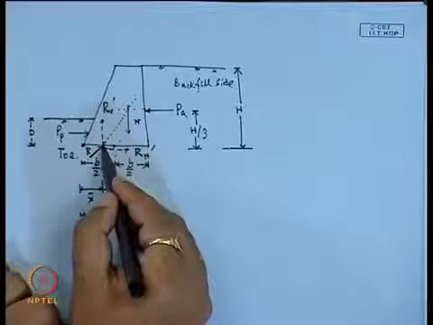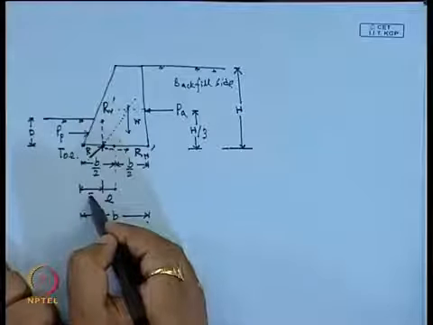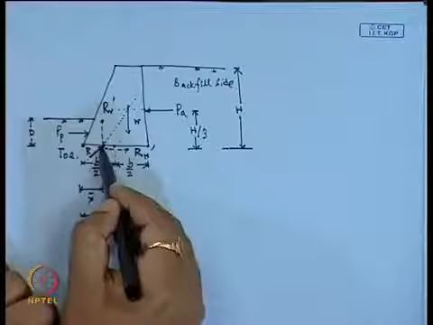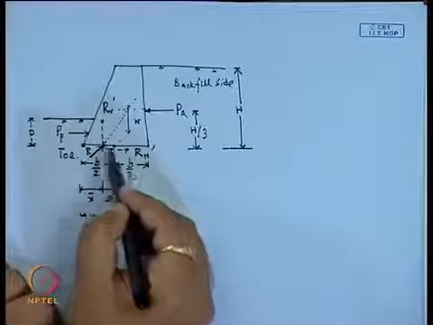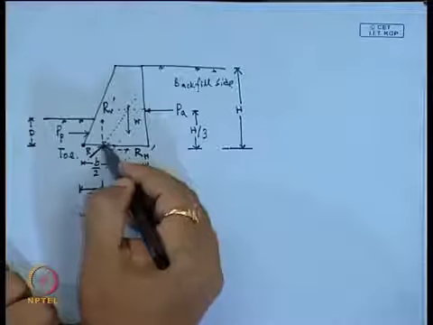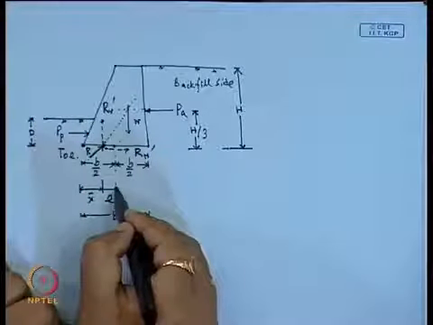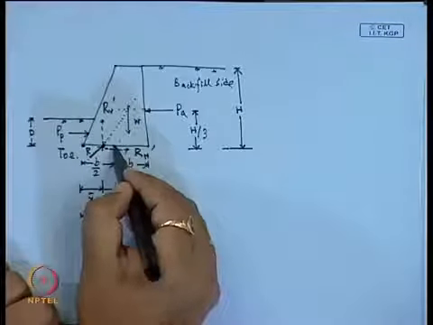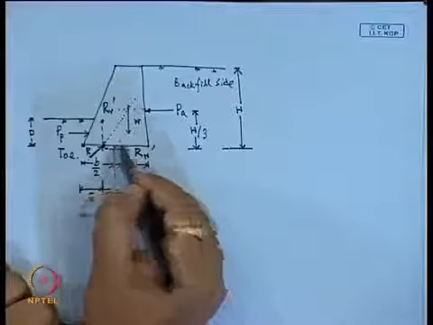Now, say R is acting at a distance of x bar from the toe of the retaining wall, and the point of this reaction force is also at a distance of E from the center of the retaining wall.